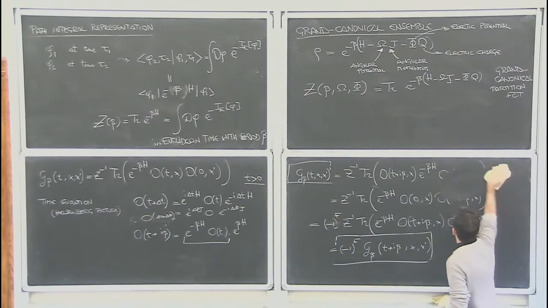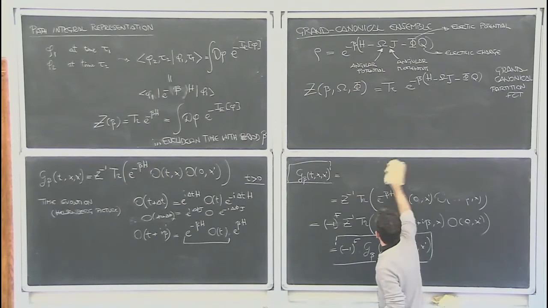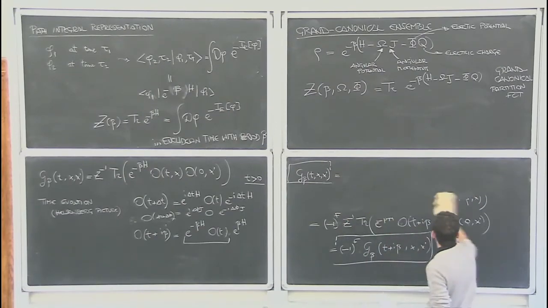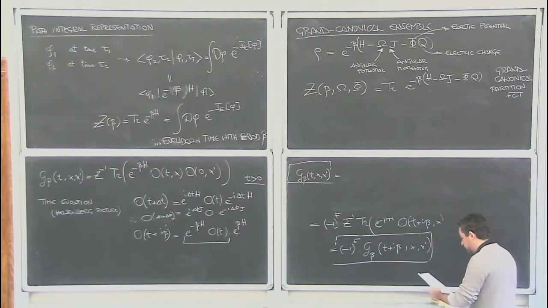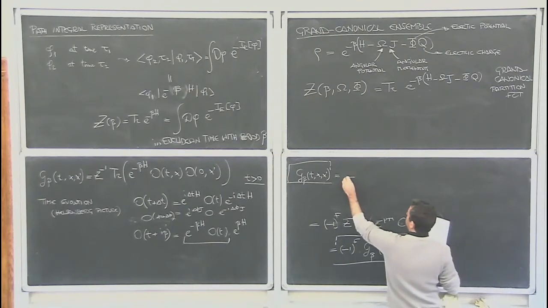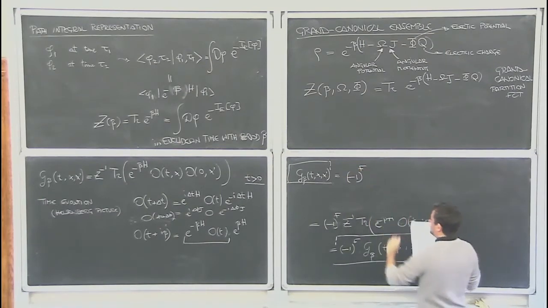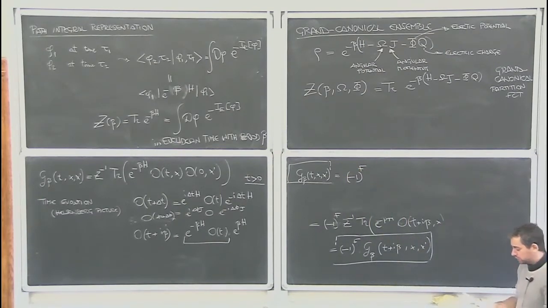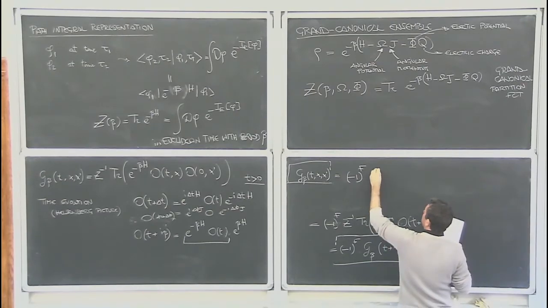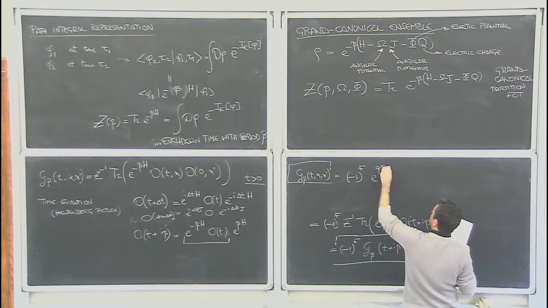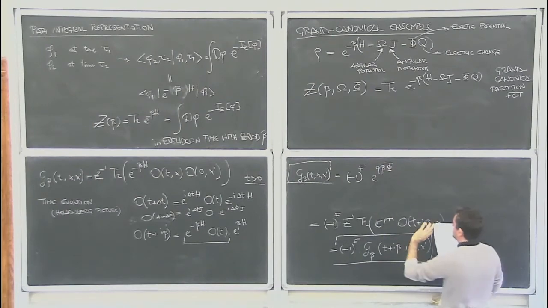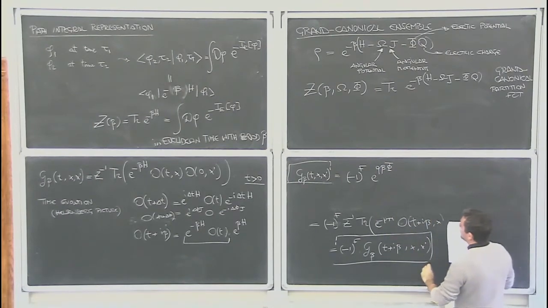What you get, you can see it's quite intuitive. I write down just the result. We always have minus 1 to the F due to the fact that we may have fermionic or bosonic operators. Then we have e to the q beta phi. Let me comment on this in a second.